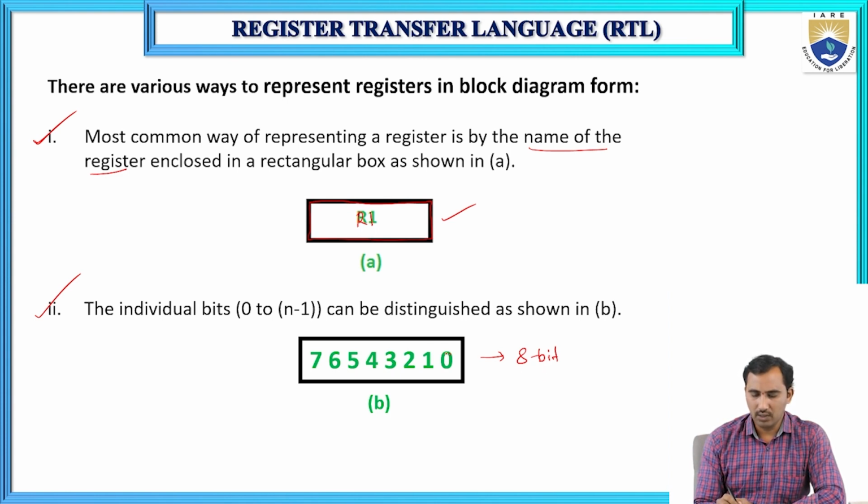The bit positions start with 0, so 0 to n minus 1, where n is 8, so 8 minus 1 is 7. So 0, 1, 2, 3, 4, 5, 6, 7.